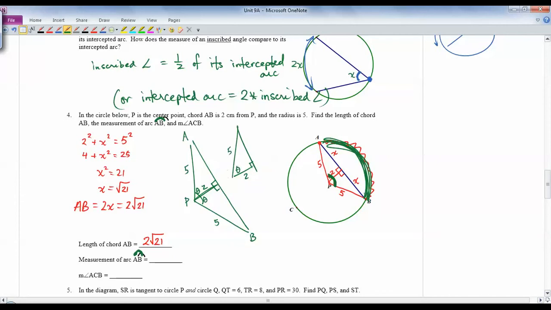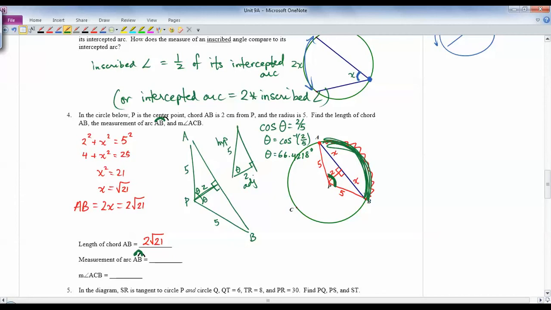If I just look at one of those triangles, 2, 5, and theta, I'm going to have to use inverse trig. The 2 is the adjacent side. The 5 is the hypotenuse. So we'll use cosine. So cosine of theta is 2 over 5. So theta, I'll have to use cos inverse to get the angle. Theta ends up being about 66.4218 degrees.